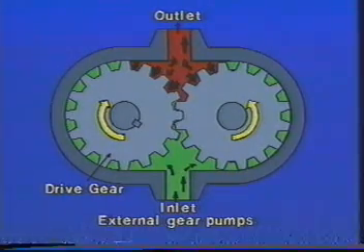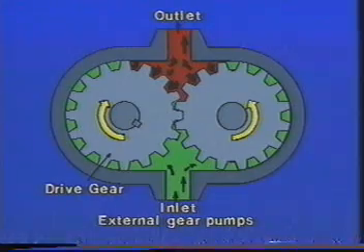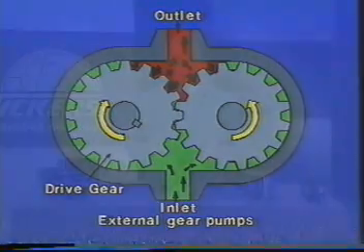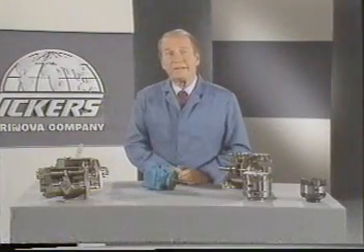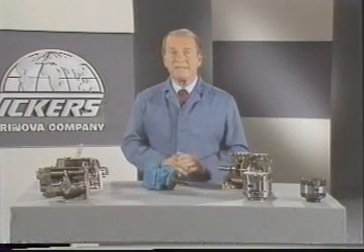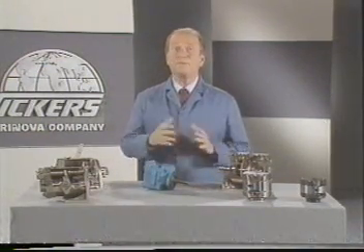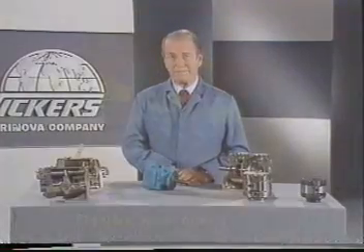As this operates, we now have high pressure at the outlet and less than atmospheric pressure at the inlet. This condition is referred to as unbalanced hydraulic loading. Gear pumps today are highly efficient units, capable of operating at pressures in excess of 3,000 psi and speeds greater than 2,000 RPM.